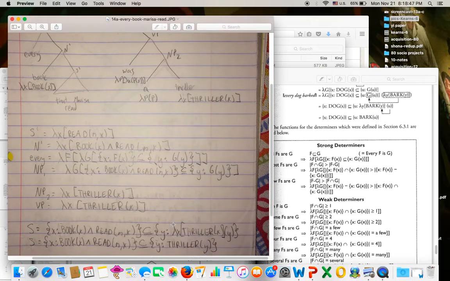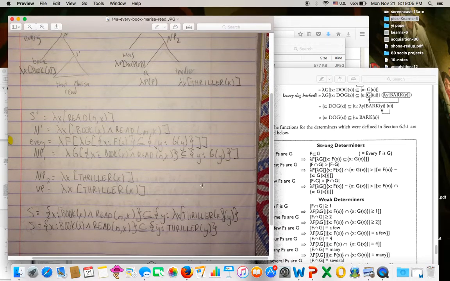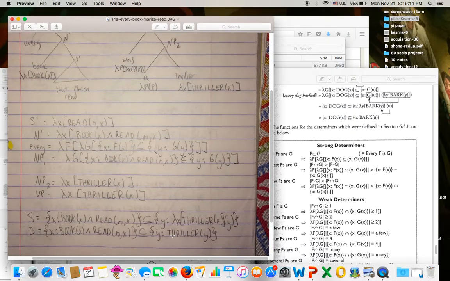And so here I have the G predicate. So we have every is looking for a lambda f and a lambda g, which are both one-place predicates, as we talked about in the last screencast. So what I did here is I broke down a little bit what happens when the VP predicate gets plugged in.